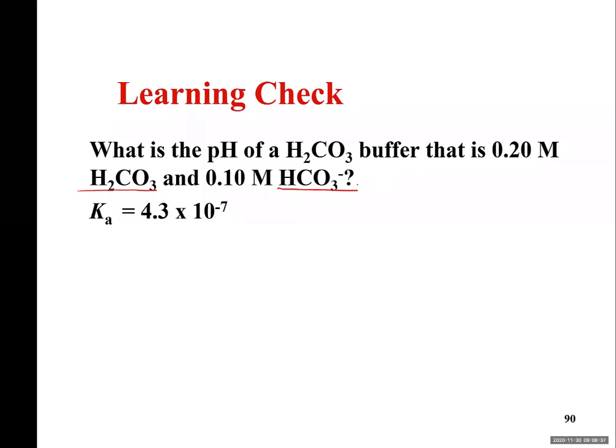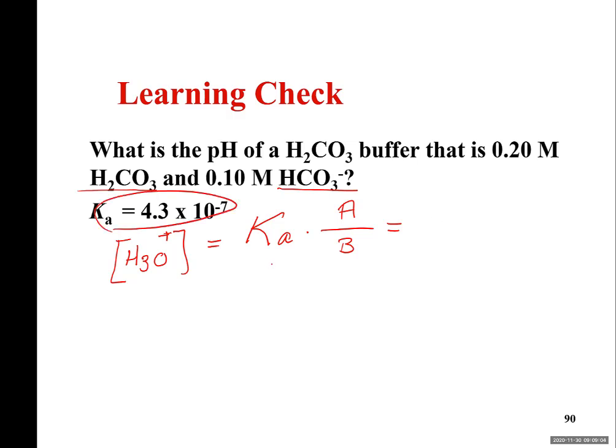Yes, please. Okay, so obviously what you need is hydronium ion concentration to get the pH, right? And the formula, what was the formula? It's Ka times concentration of the acid over B, which is Ka is given. So you write 4.3 times 10 to minus 7 for Ka times concentration of the acidic form is this one.